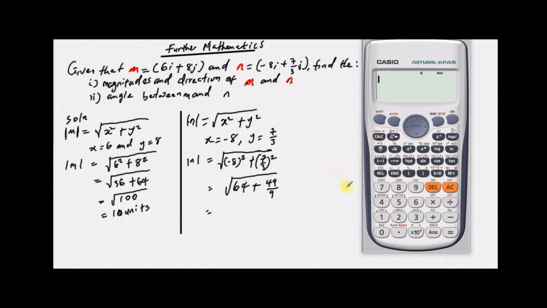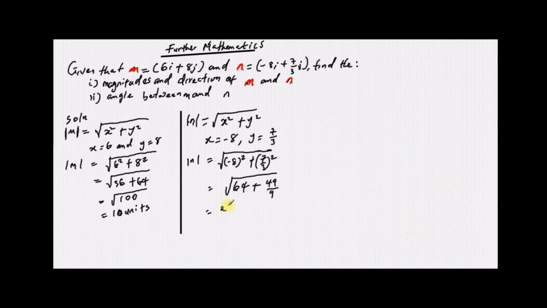So we have square root of 64 plus 49 over 9, and that will give us 25 over 3. So the magnitude of n is 25 over 3 units. Okay, so the next thing is to find the direction.